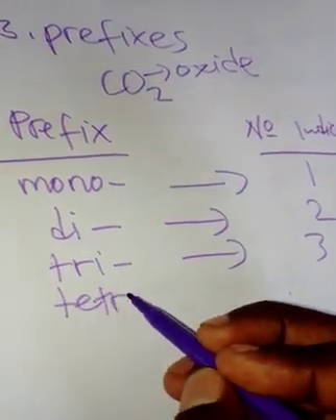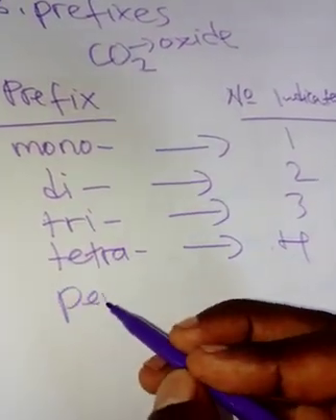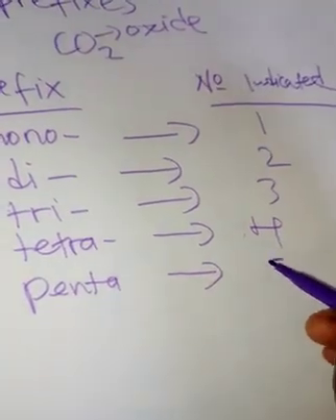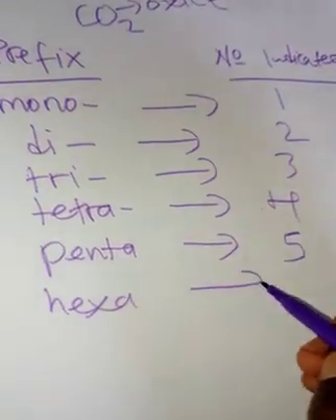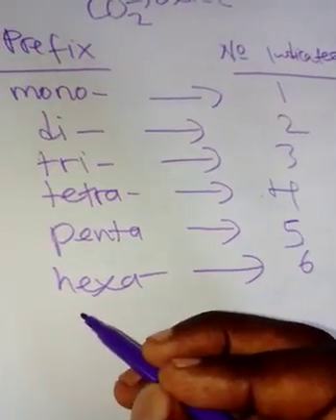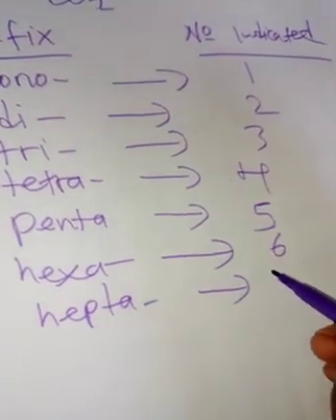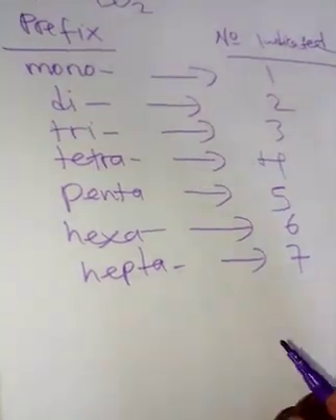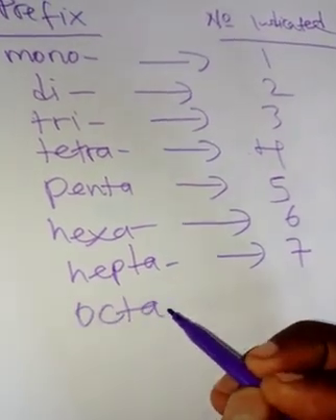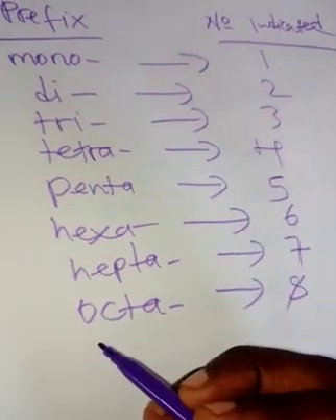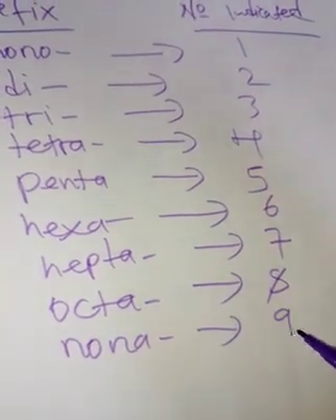Tetra is 4. Penta is 5. Hexa is 6. Hepta, or septa, is 7. Octa is 8. Nona is 9.